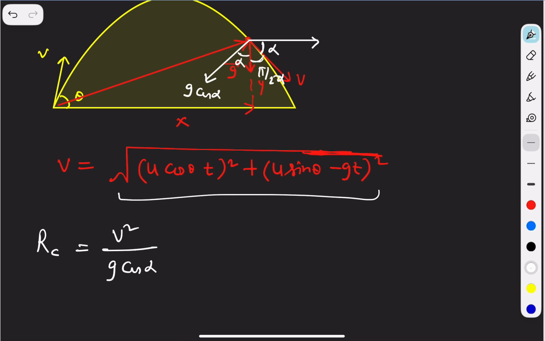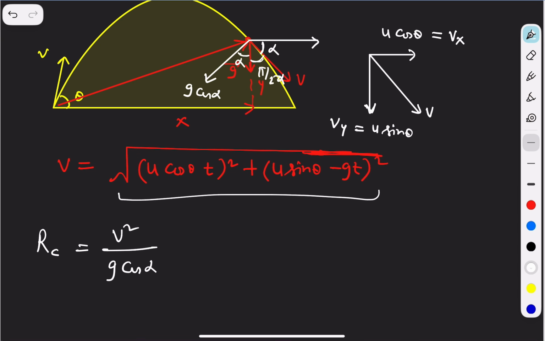If you see here, this is the velocity vector. This is going to be always u cos theta. I hope you're getting my point. And this vector is your vx, and this is your vy, and that will be u sin theta minus gt.